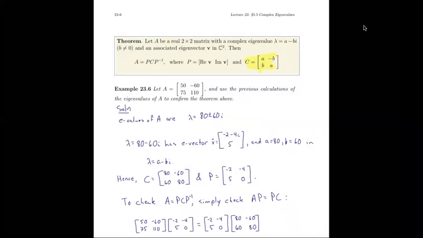It tells us that 2x2 matrices with complex eigenvalues rotate things. They will behave via rotation and rescaling, because they're similar to a rotational rescaling matrix C.